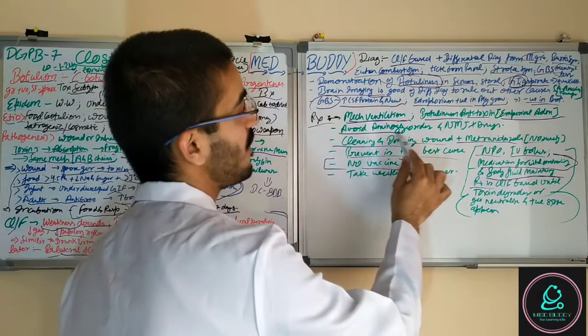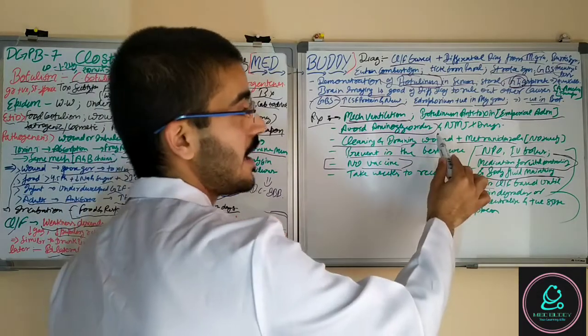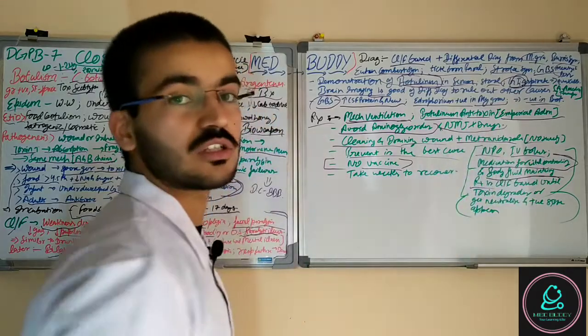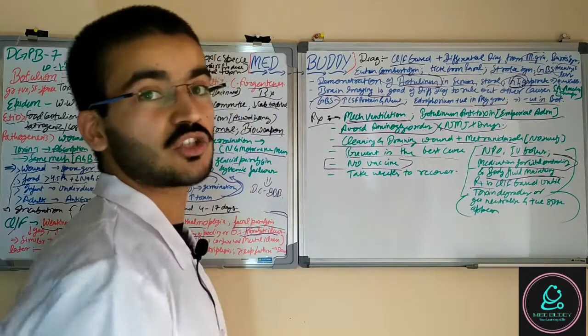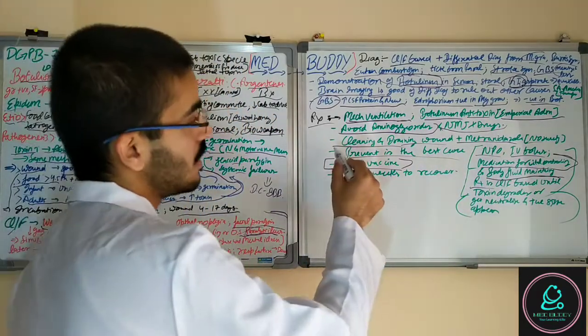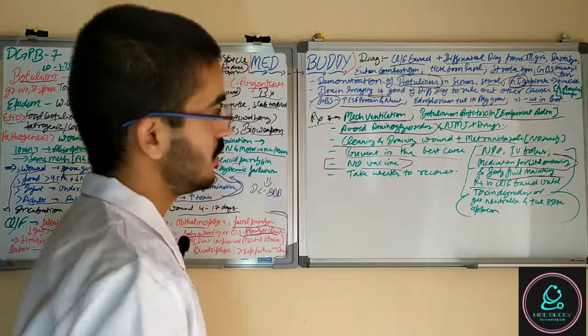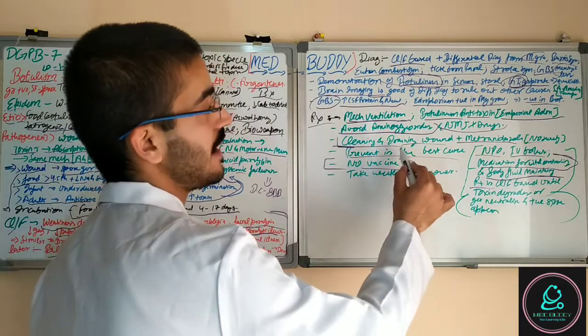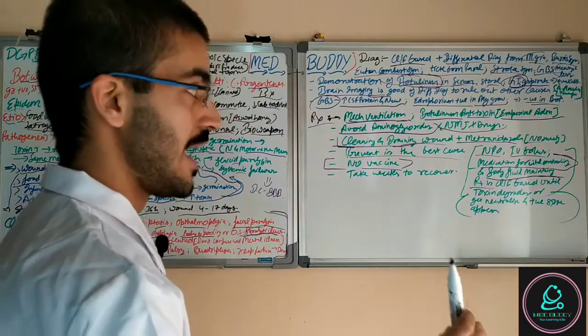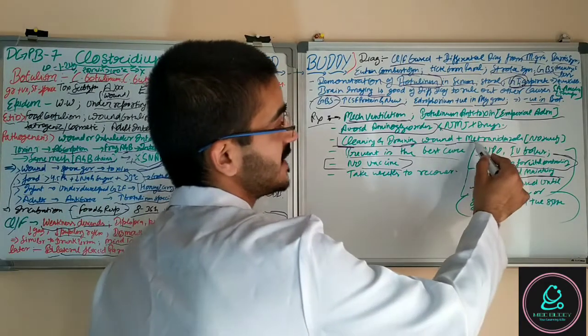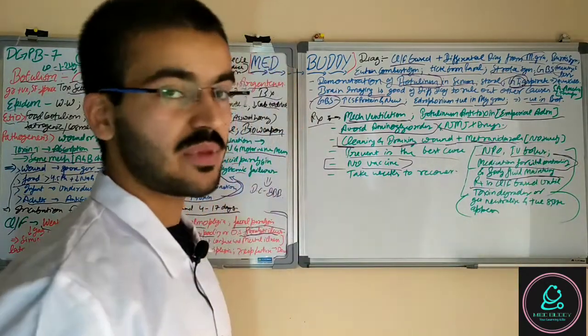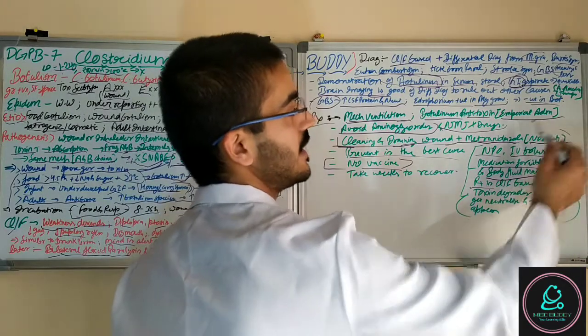We have to avoid aminoglycosides and any drug that blocks the neuromuscular junction, as that is going to make the situation more severe. If there is any wound, it should be cleaned and drained. And antibiotics such as metronidazole can be given, but there is no surety that it is going to work.